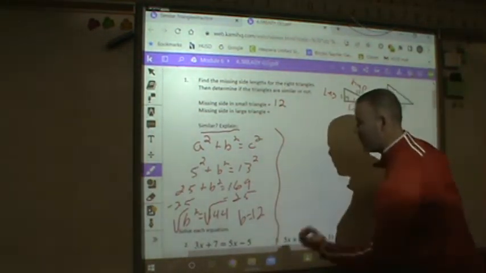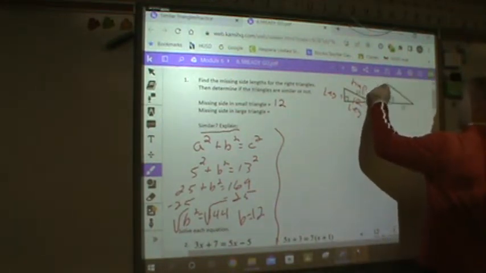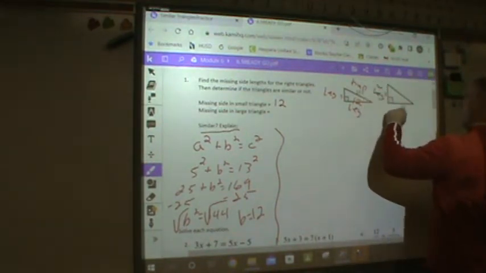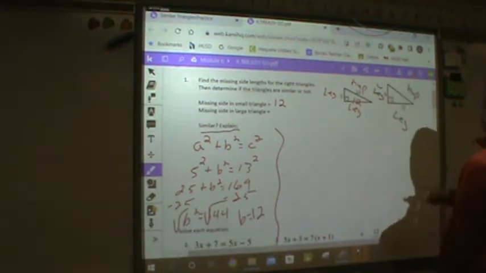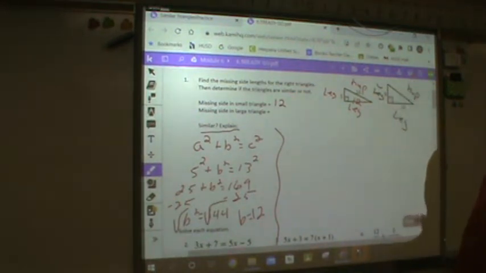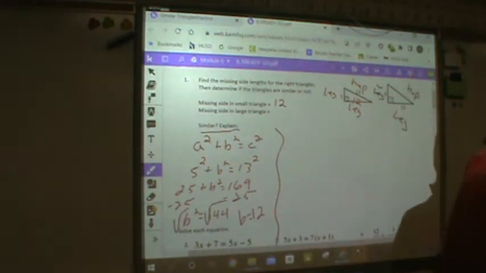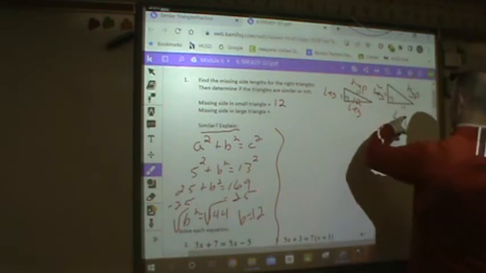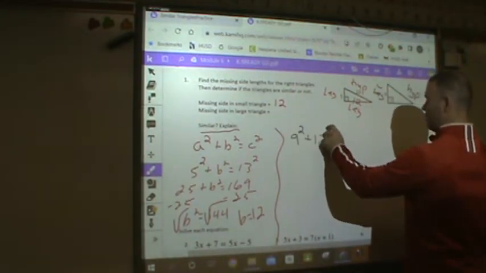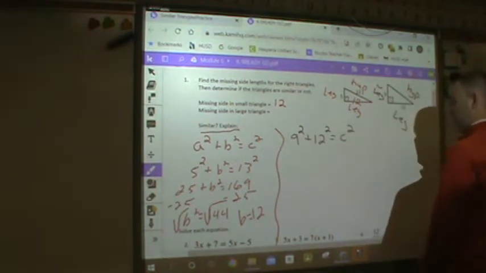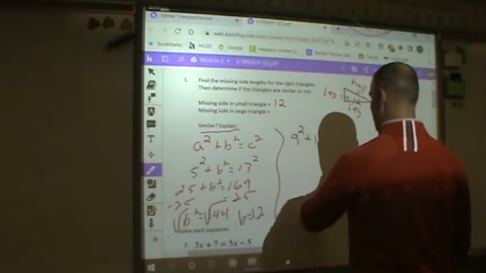Again, label your sides: leg, leg, hypotenuse. Ask yourself, what does it want me to find? What do I need to know? I need to know the hypotenuse. I know the legs are a and b, so 9 squared plus 12 squared equals c squared. c is the hypotenuse in the formula.